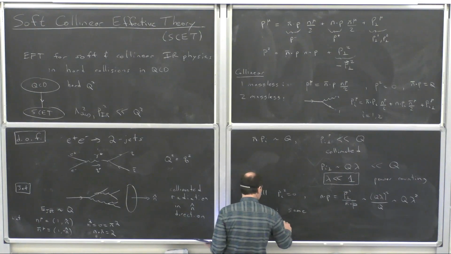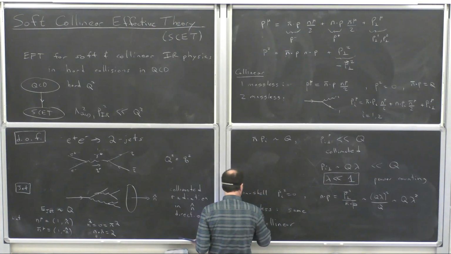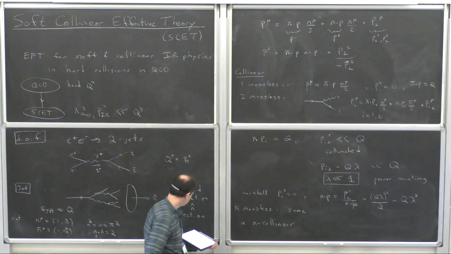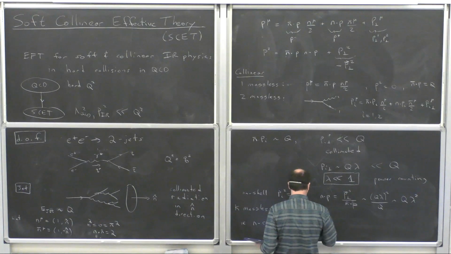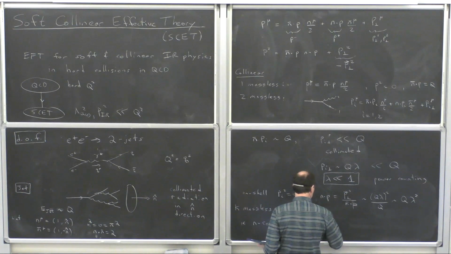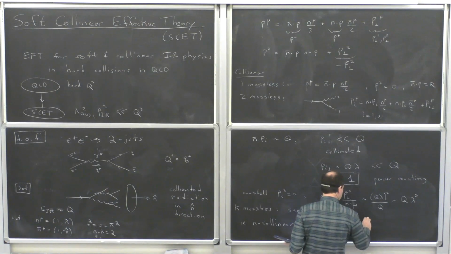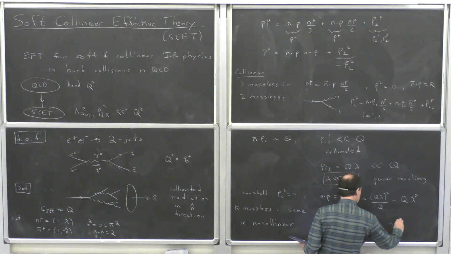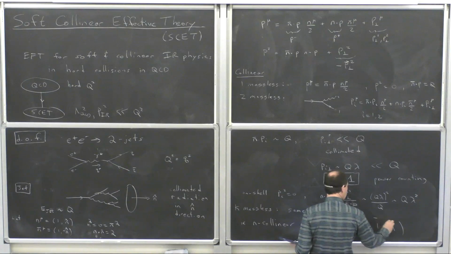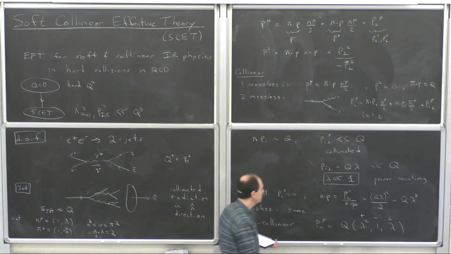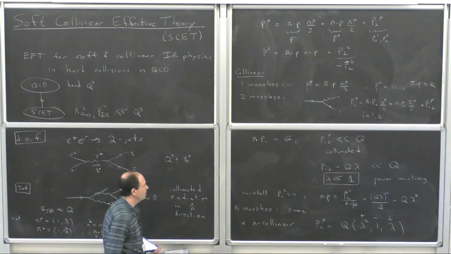So collinear, or we might say n-collinear, because it does depend on the direction we're expanding about, is a scaling for a momenta, which I can write like this as a shorthand. In the plus, minus, and perp components: in the plus, that's this n dot p, that's of order lambda squared.